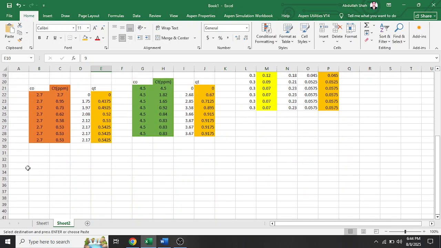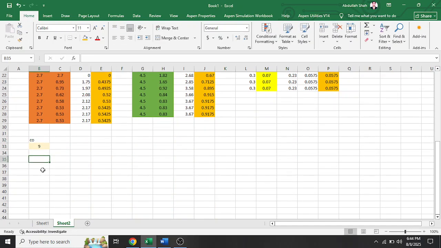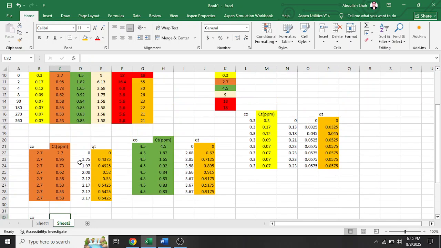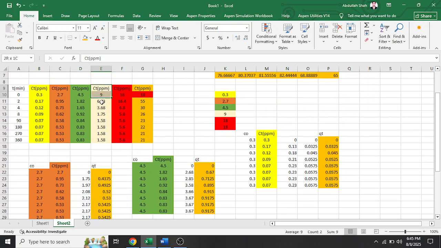Similarly for experiment 4, this is 9 ppm. So this is the C naught, and we will get 8 points, and this is the Ct for the fourth.